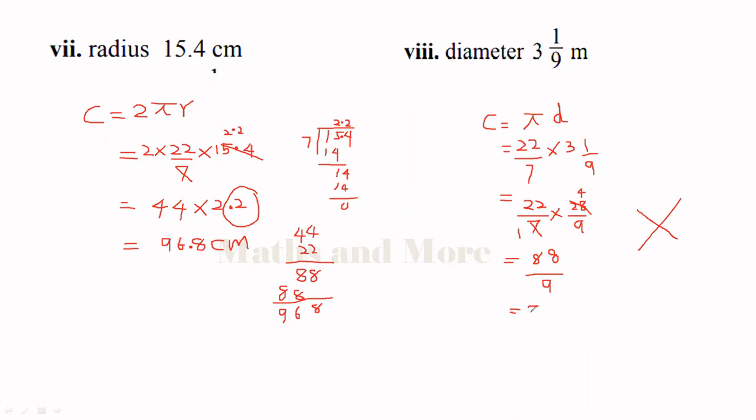So you can get 9 nines. 88 minus 81, remainder is 7. So our answer is 9 and 7 over 9.